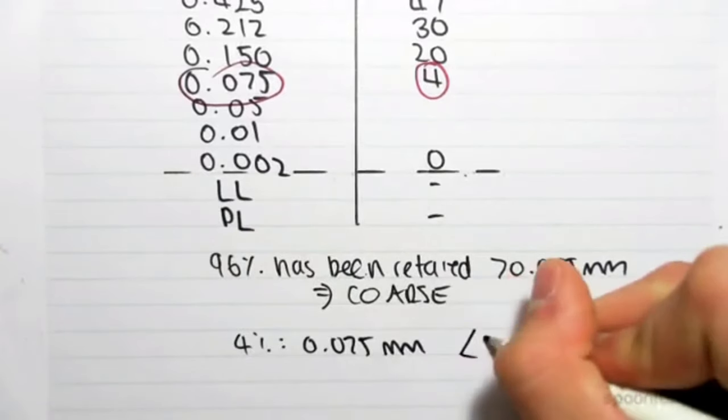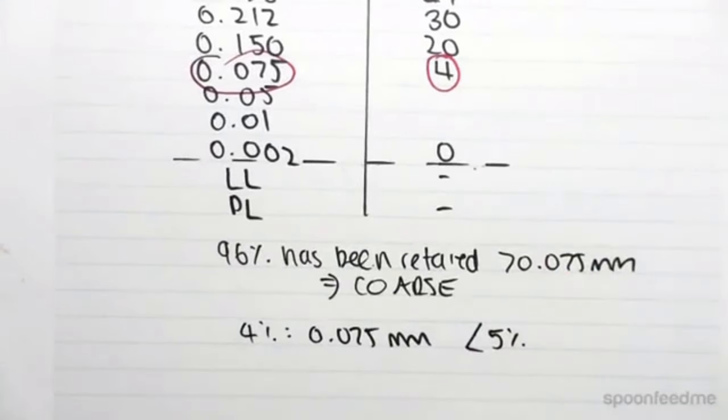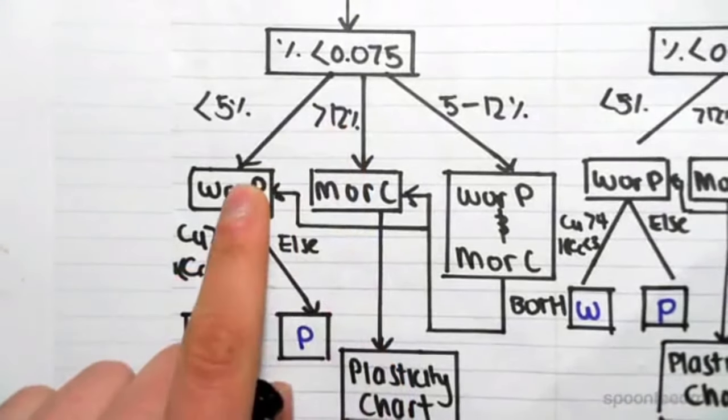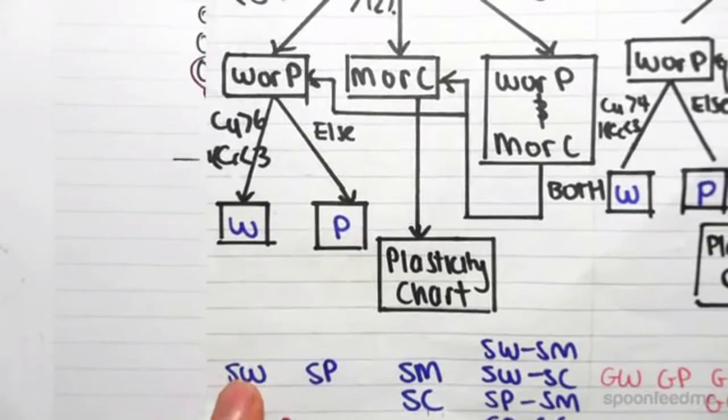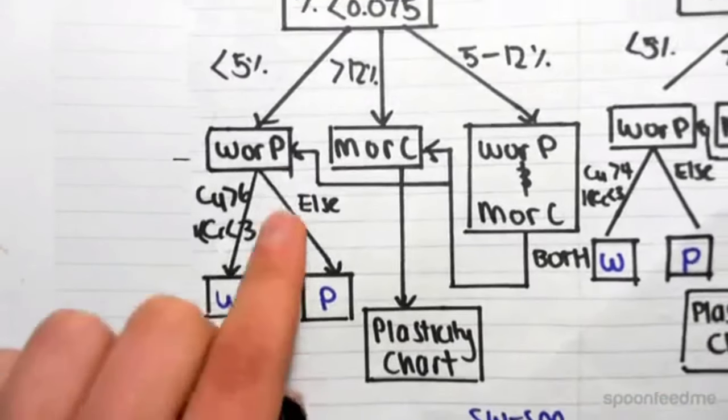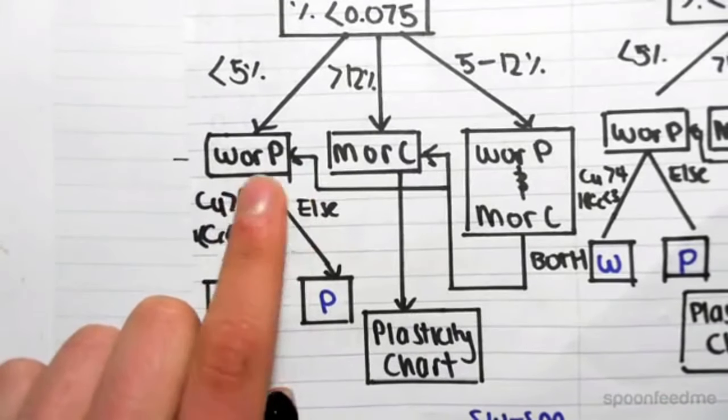So we're coming down this branch here. Now we need to pick up our second letter. Our soil is going to be an SW or an SP, so we need to work out whether it's a W or a P.